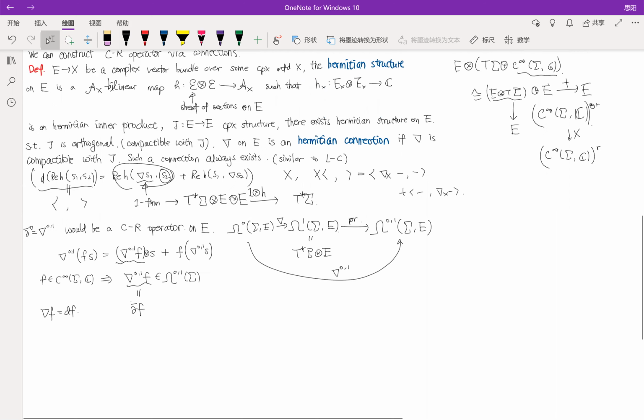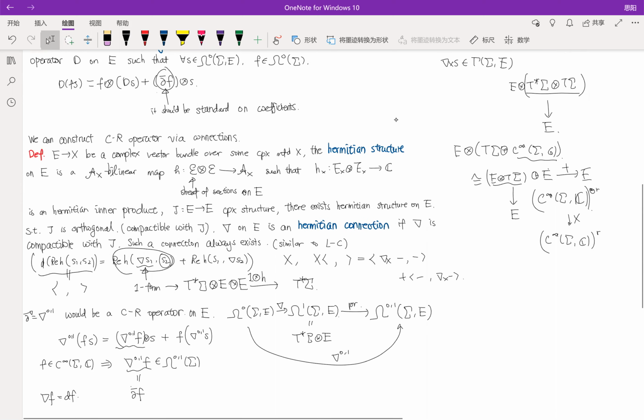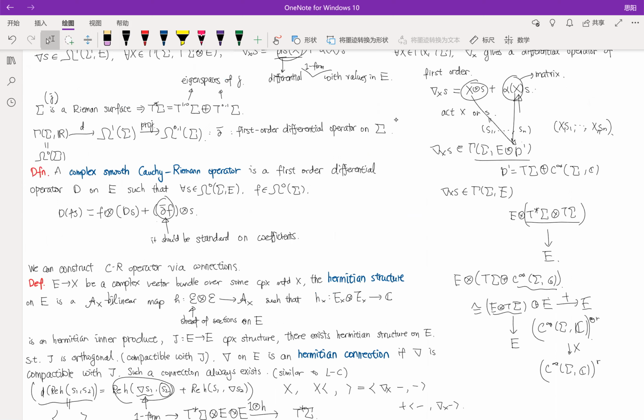Yes. So with the Hermitian structure, intuitively it should be complex linear and complex antilinear. The first variable is complex linear and the second is complex antilinear with respect to J. That is, if J acts here, then there will be a minus here and i.